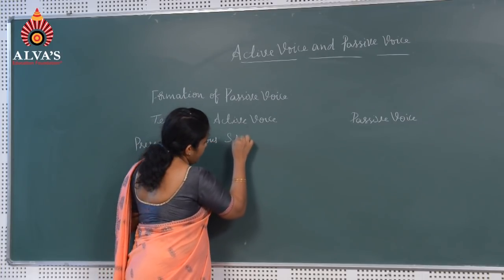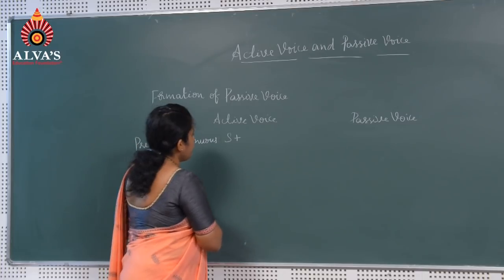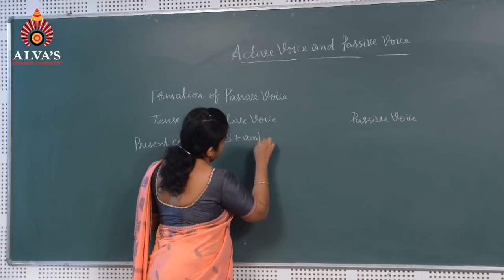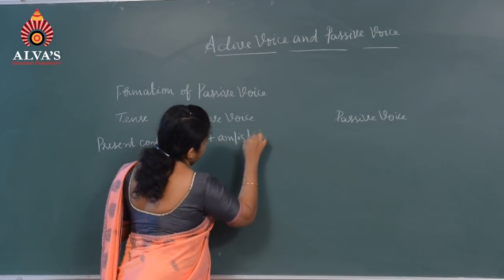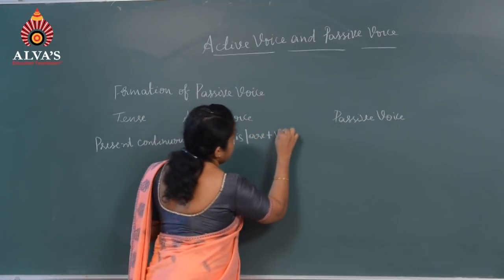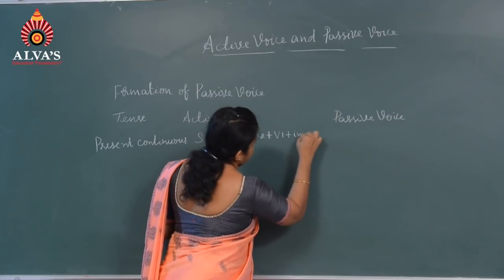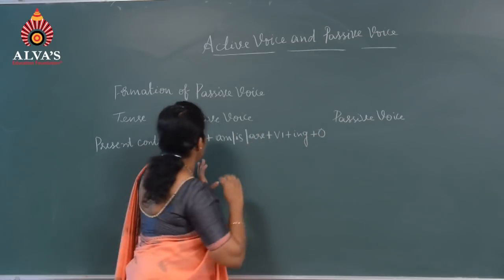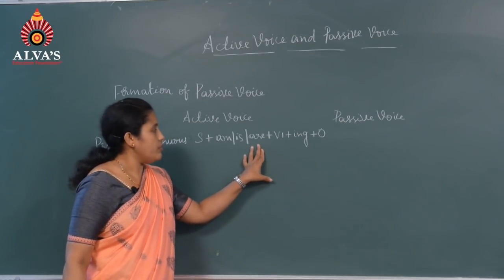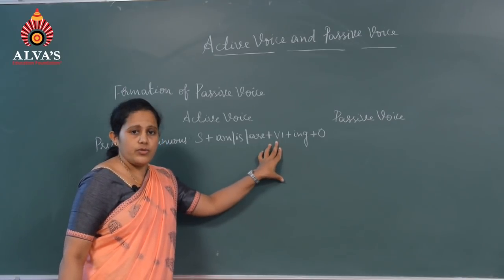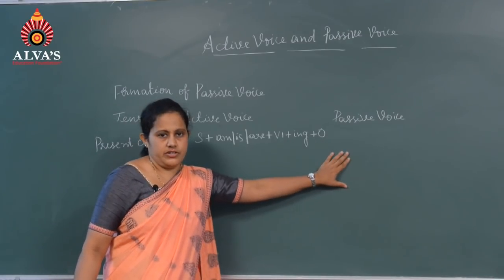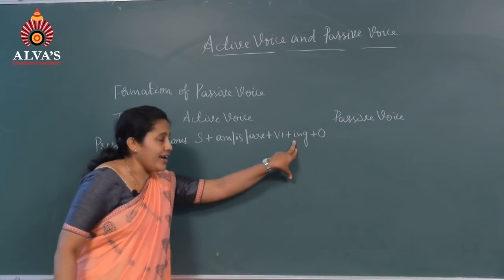Here subject, okay, subject plus am, is, are helping verb plus first form of the verb plus ing plus object, because we have to add ing. Why?